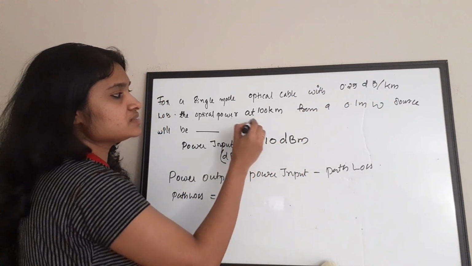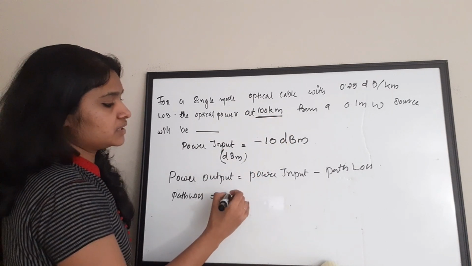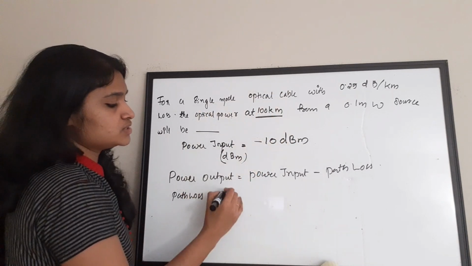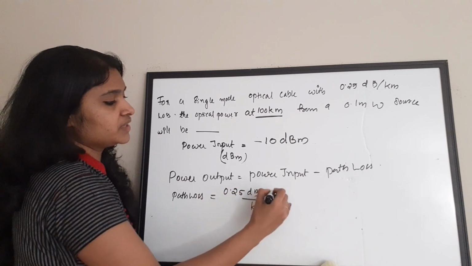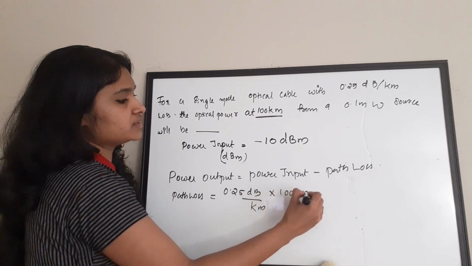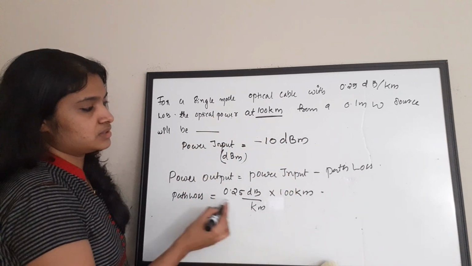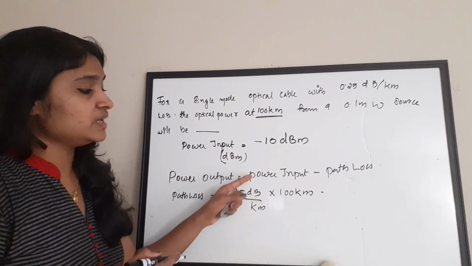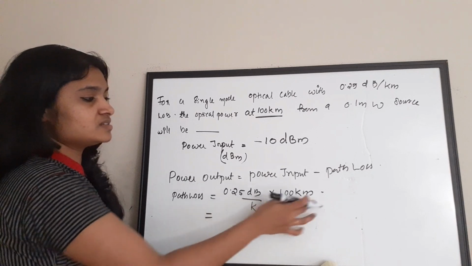And what is the distance? Distance is 100 kilometers. That is, the loss will be 0.25 dB per kilometer into 100 kilometers, right? So this will be the total loss. The loss is 0.25 dB per kilometer and it is traveling 100 kilometers.